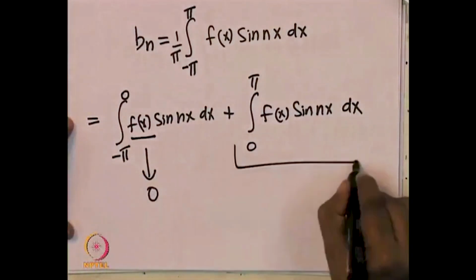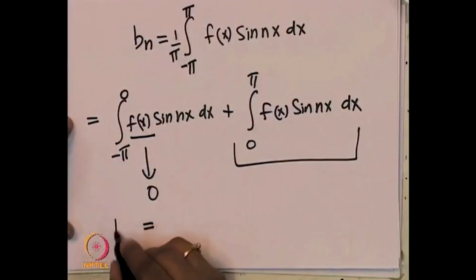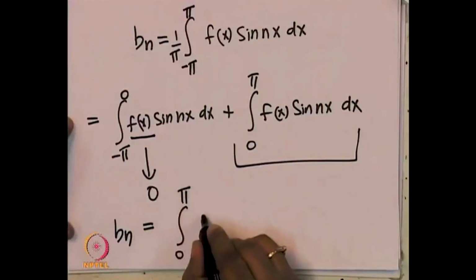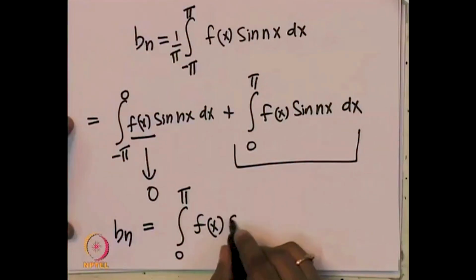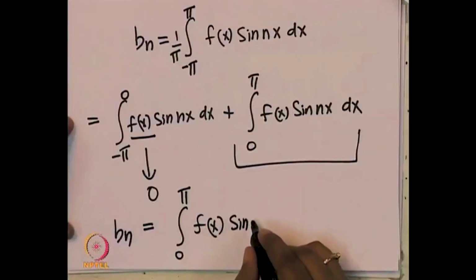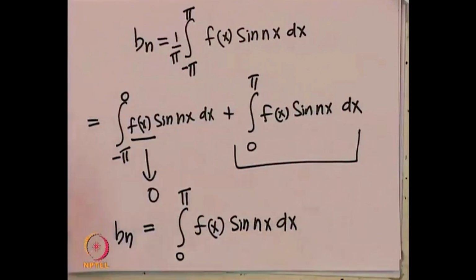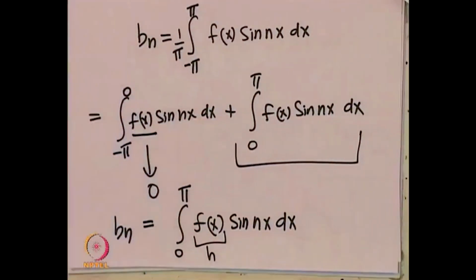So, then what you have is this. b n is essentially equal to integral 0 to pi f of x sin n x dx. Now, f of x is essentially a constant, so let me call it h.